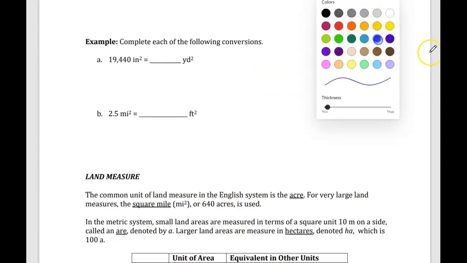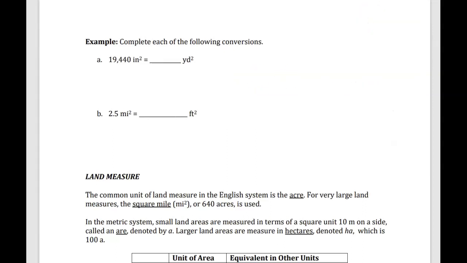So when we think about inches and yards, inches and feet, okay, remember we don't have a conversion that goes straight from inches to yards. So let's think. 12 inches equals 1 foot. And 3 feet equals 1 yard.